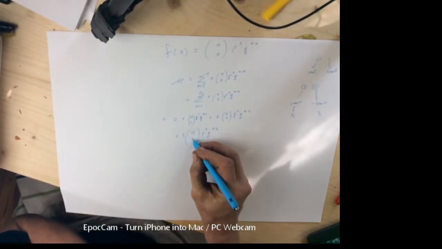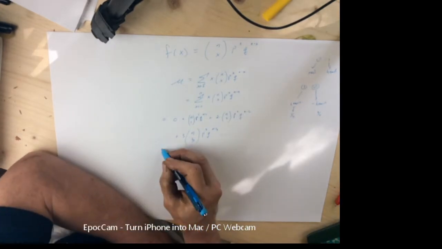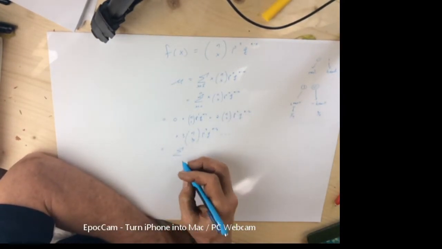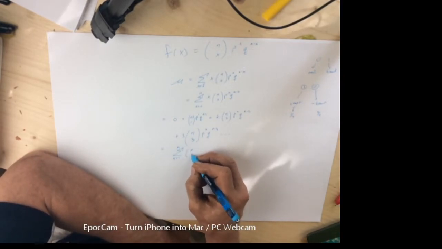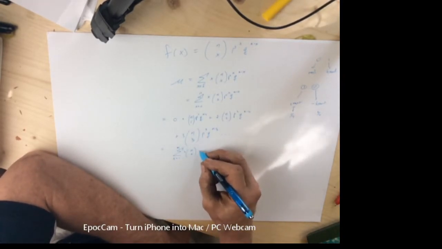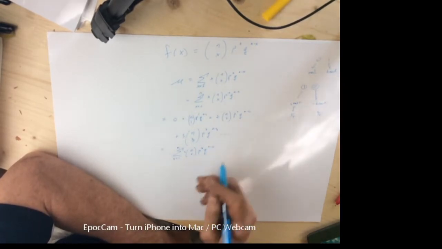Oh, this is n choose 3. Sorry. Well, one thing I can do is I can observe, heck, I don't need that 0 term, so I'll throw that away. So this is a sum from x equals 1 to n of n choose x times x, p to the x, q to the n minus x.